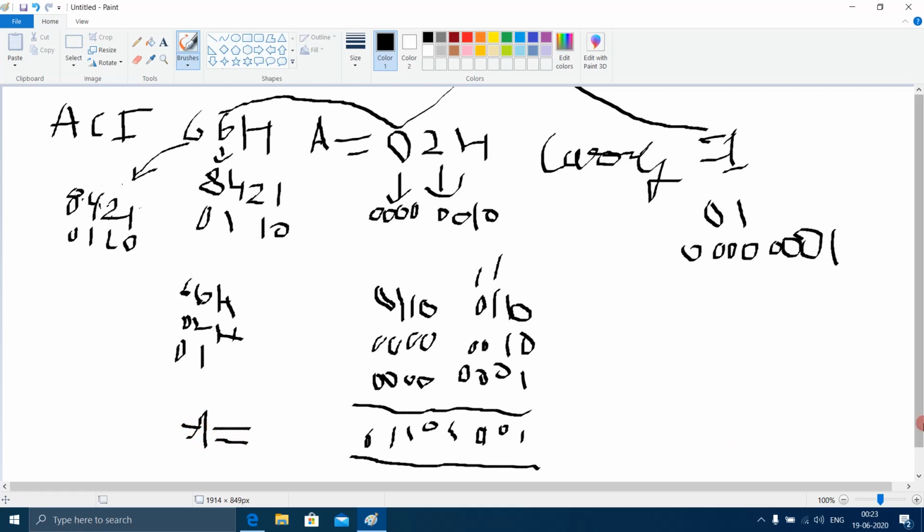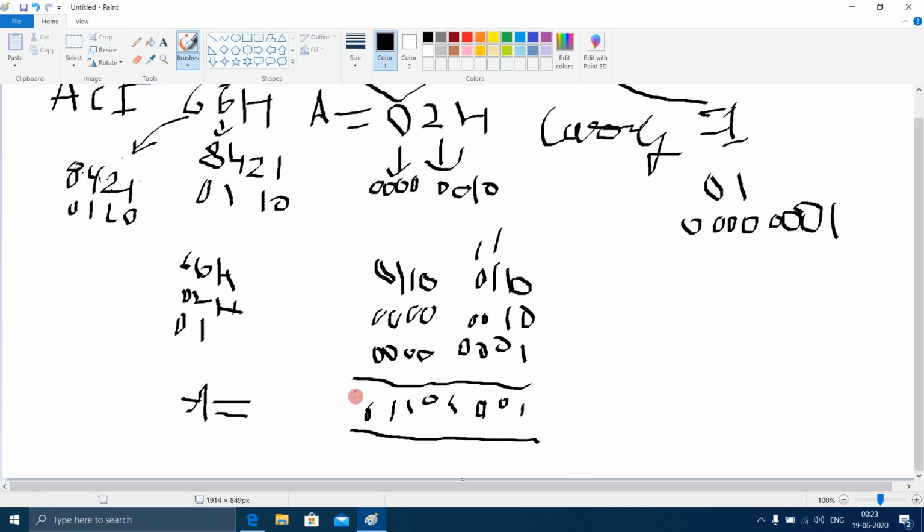How can we convert it back into hexadecimal? Same, 8421, which is 8 4 2 1, and the next 4 digits again will be represented in the form of 8 4 2 1. So 4 plus 2 is 6, and 8 plus 1 is 9.